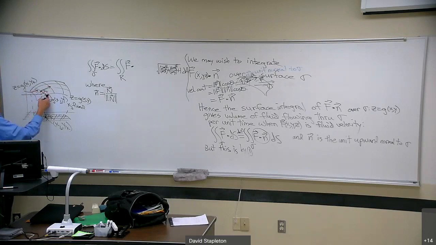The tangent to this curve is what? Take a tangent vector to a curve, you take the derivative, right? So you take the derivative of this with respect to the parameter x, treating y as a constant. And so this tangent vector is actually dg, or dz dx, at the point. It is the slope.